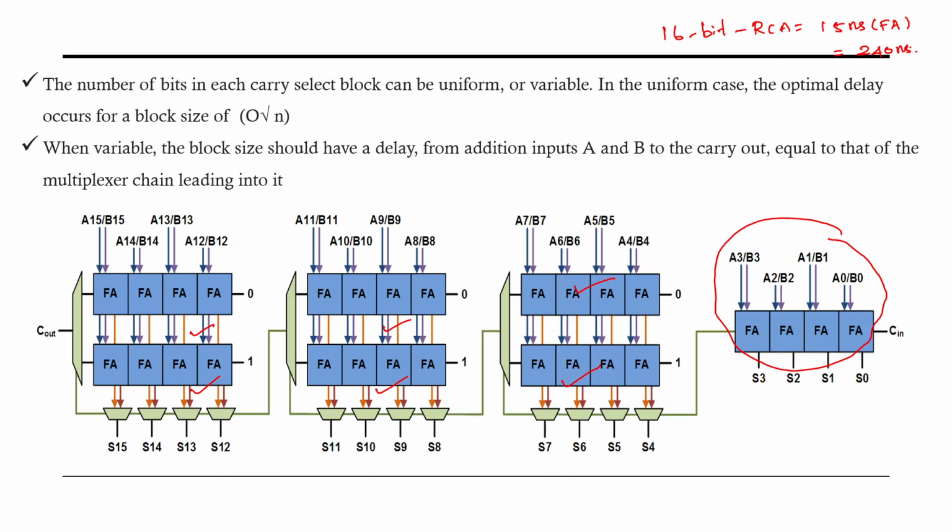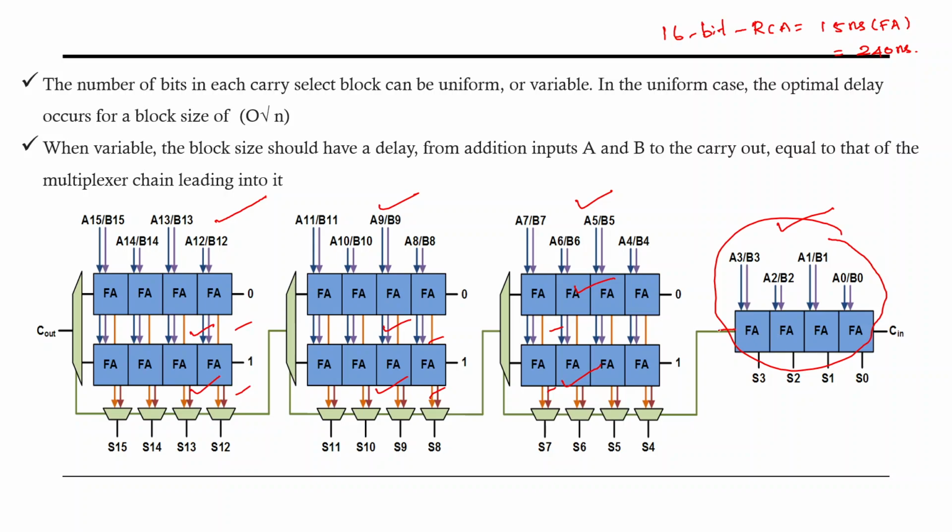But if we use a carry select adder, while I'm performing this ripple carry adder, all these will compute in parallel. So by 16 nanoseconds, I have got this sum, this sum, and this sum. Then we are going to add the delay of the multiplexers alone over here.